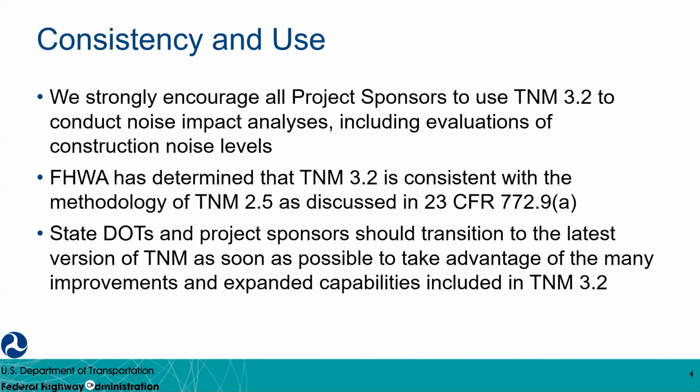We would like to remind folks that the 3 series does have some acoustical changes compared to the much older TNM 2.5, and that these changes may require careful thought and consideration by state staff regarding potential effects to their policies and noise abatement goals. More information on the acoustical and technical changes can be found in the documentation for the model. Details on obtaining this information will be covered later in this presentation. With that, I will hand it off to Sophie from the USDOT Volpe Center to continue the presentation.